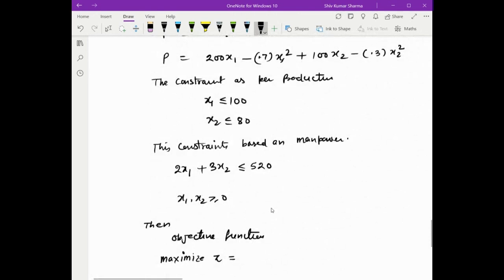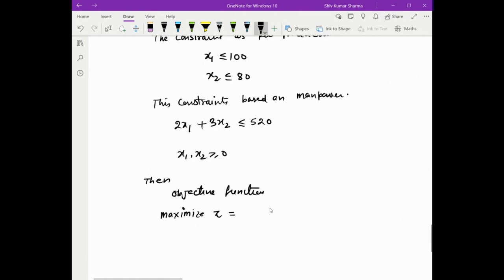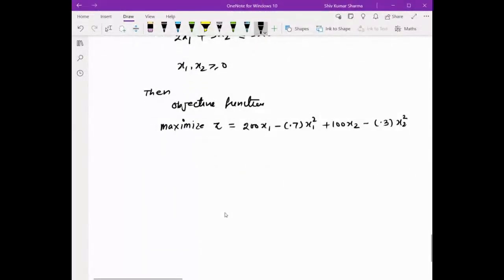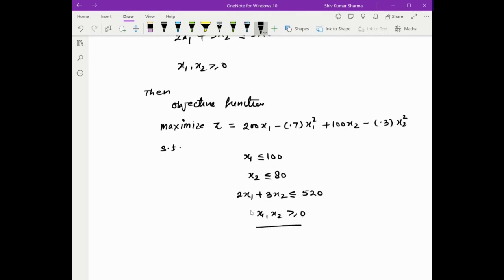So maximize 200x1 minus 0.7 x1 square plus 100x2 minus 0.3 x2 square, subject to constraints x1 less than equal to 100, x2 less than equal to 80, and for manpower 2x1 plus 3x2 man days, which is less than equal to 520, and x1, x2 are greater than equal to 0.